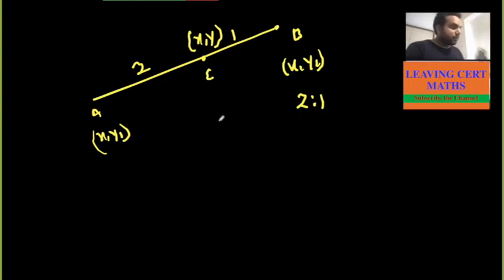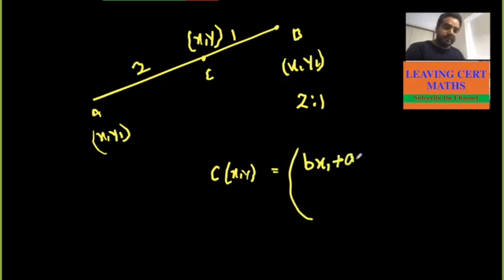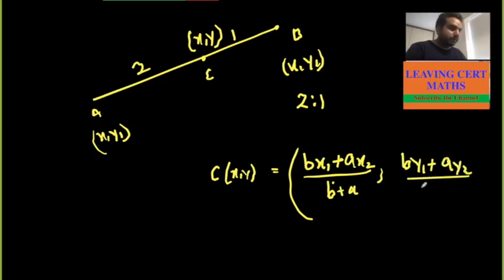Then in that case the formula to calculate the coordinates of C is (bx1 plus ax2) over (b plus a), and (by1 plus ay2) over (b plus a).